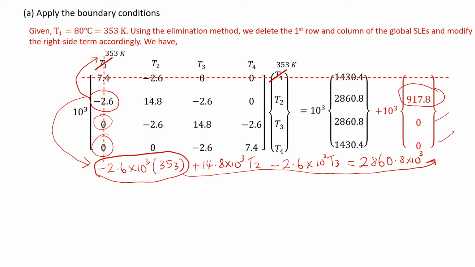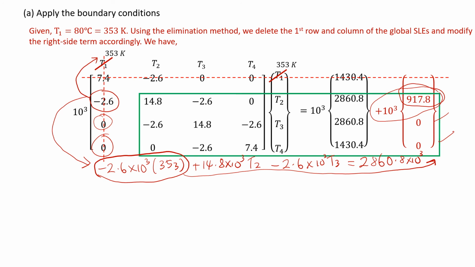That is what we are trying to do in the above modifications. So we have a negative value on the left side. When we bring it to the right side, it will become positive. That's why this value is positive.